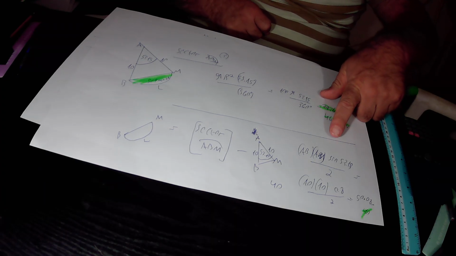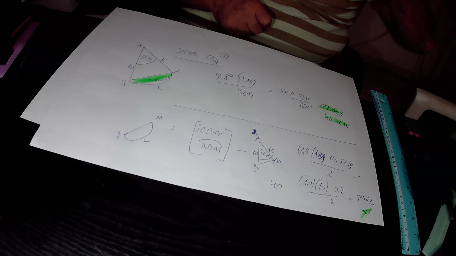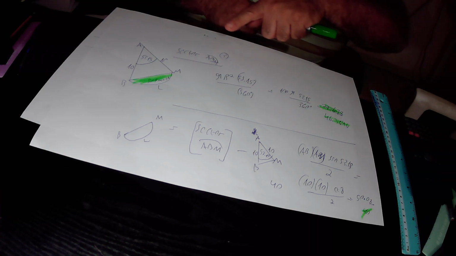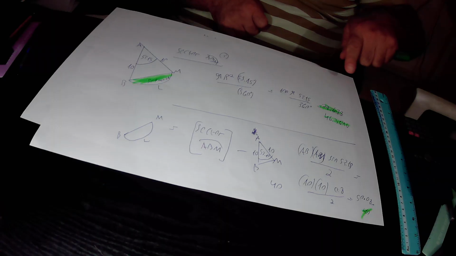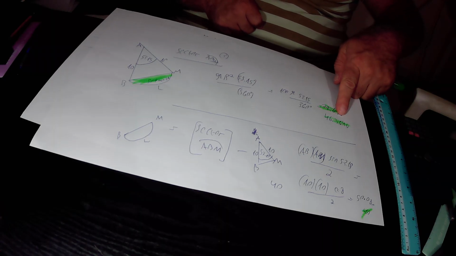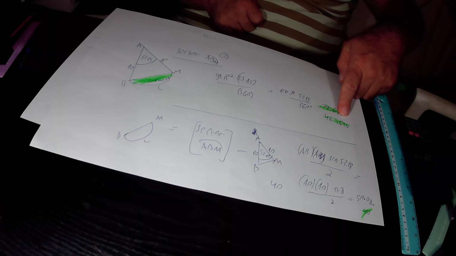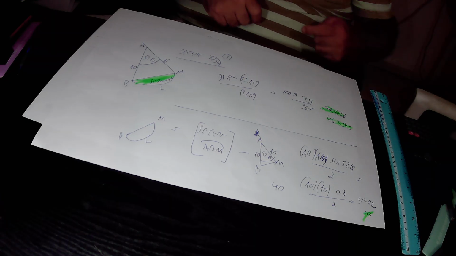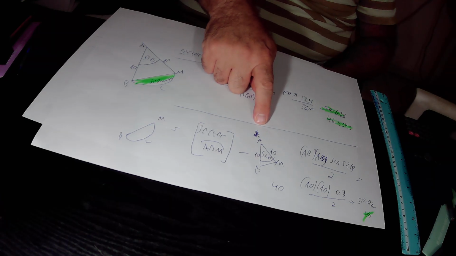So in total we should find that the area of sector AB equals 46.3646 square units in its size, minus the area of this triangle AB.